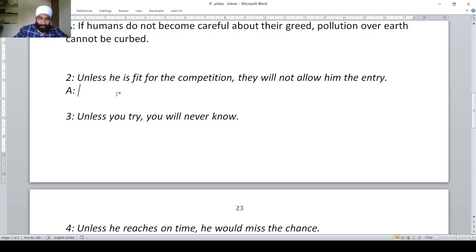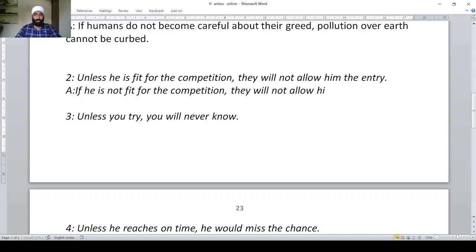The sentence is given in simple present itself, but the verb is is given here. This is why we have to use the same verb in the sentence of if not. If he is not fit for the competition, they will not allow him the entry.